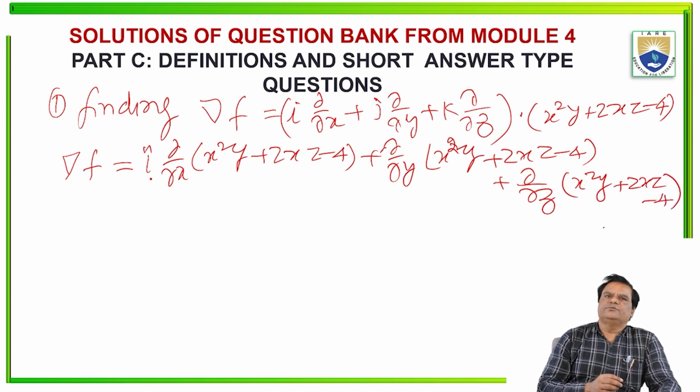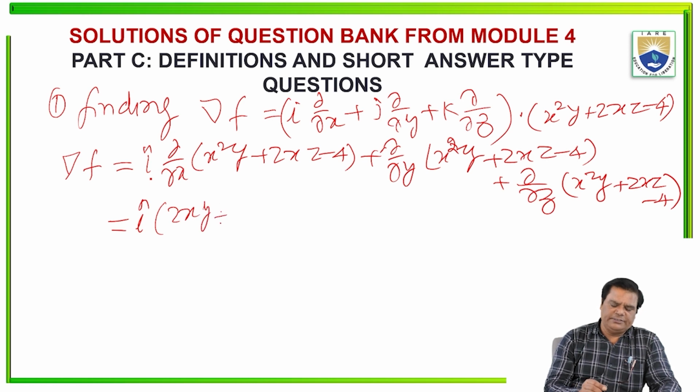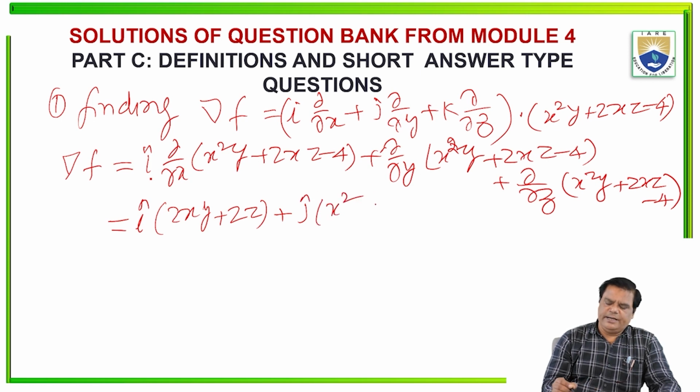Now here differentiating with respect to x, we get 2xy plus 2z into i. Next, differentiating with respect to y, we get x square j, plus 0. Differentiating 2xz with respect to z, we get 2x k.